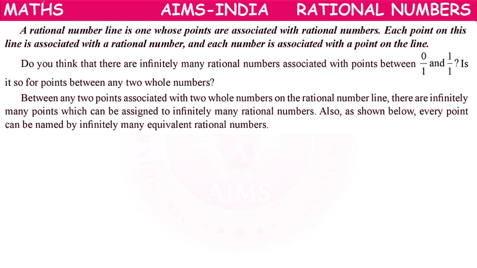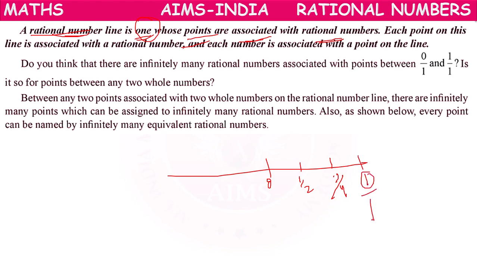Next. So here, a rational number line is one whose points are associated with rational numbers. Means a number line whose points are associated with rational numbers, because 1 is also a rational number.